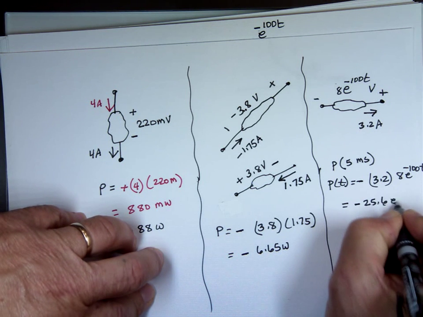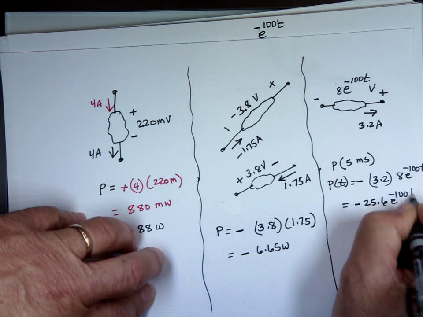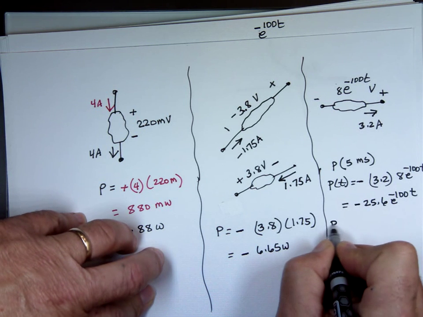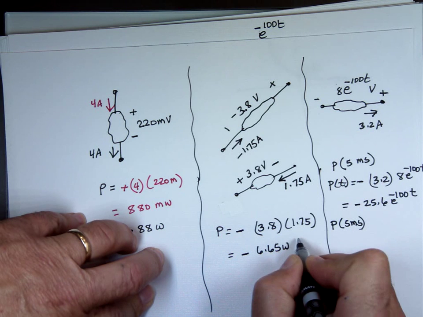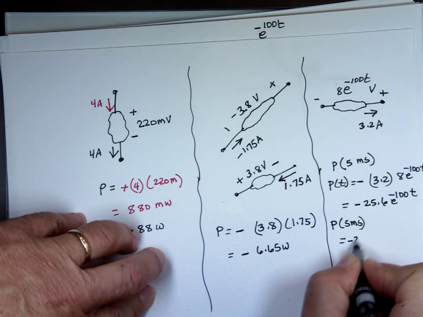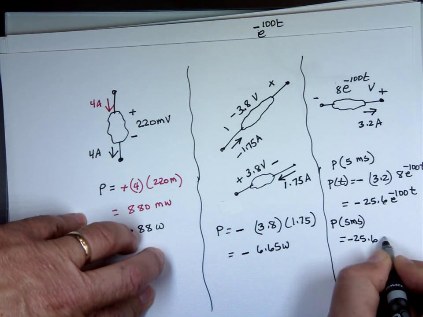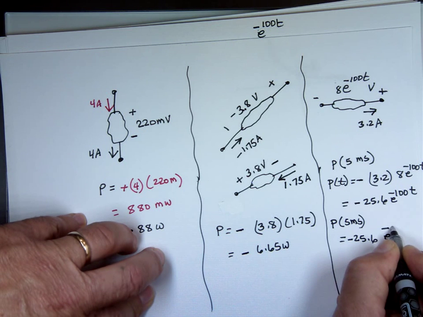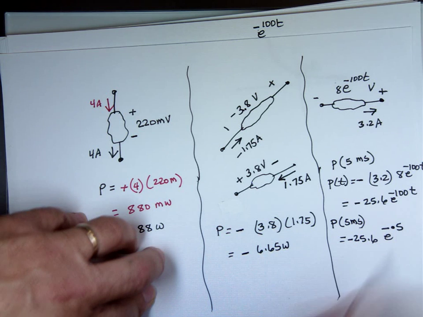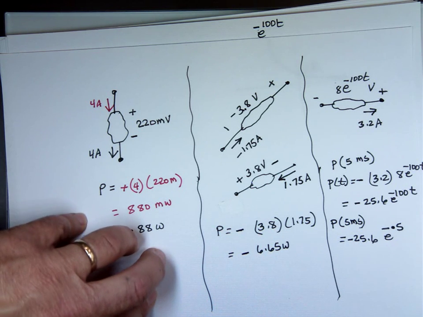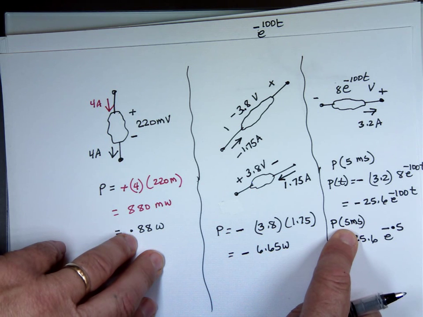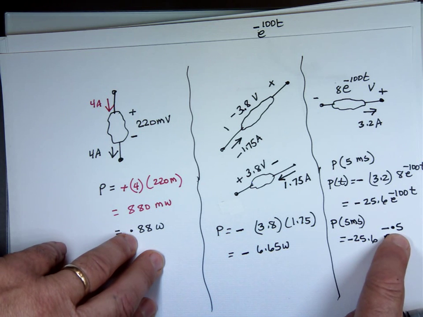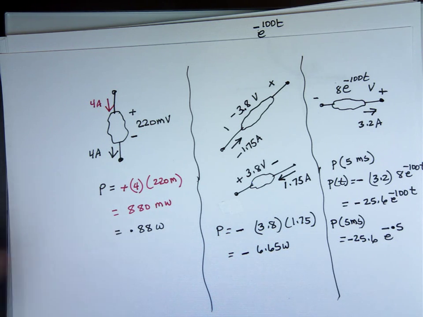Now we want it at what time? 5 millisecond. That'll be negative 25.6 e to the negative, is that 0.5? When you take the t and replace it with 5 times 10 to the minus 3. Yep. So 25.6 e to the negative 0.5. Let's see what that number is.